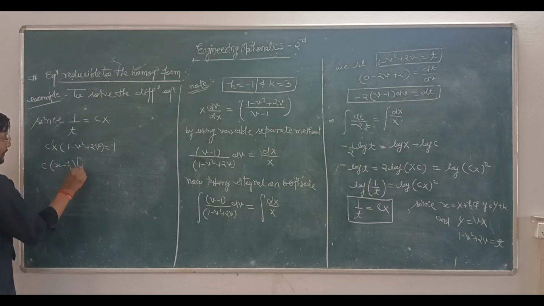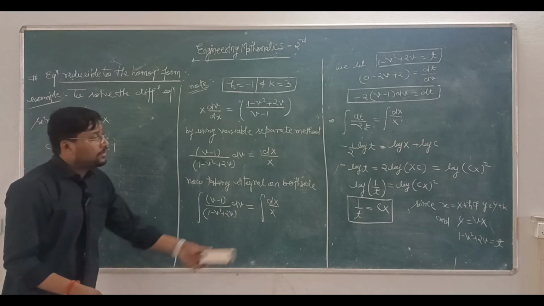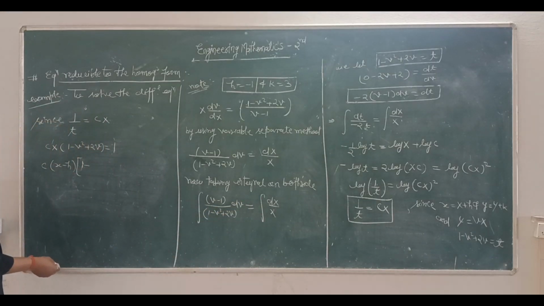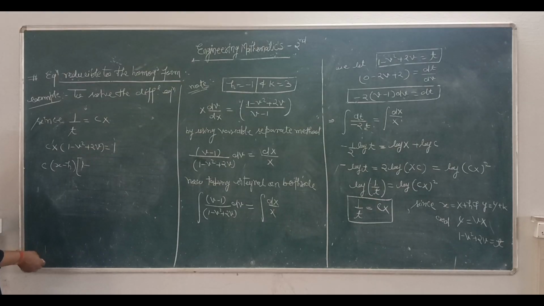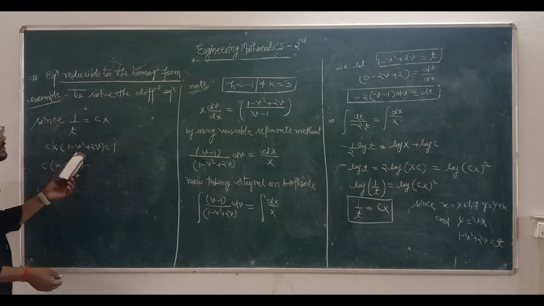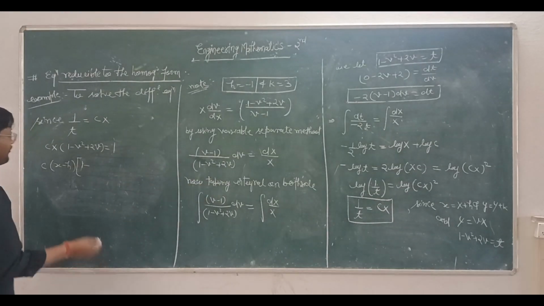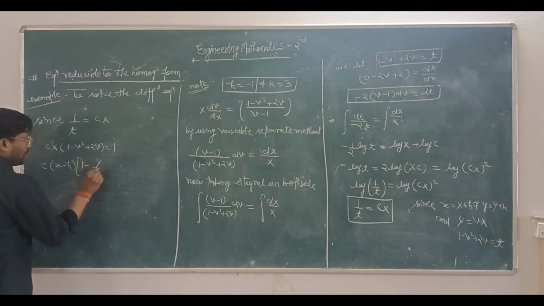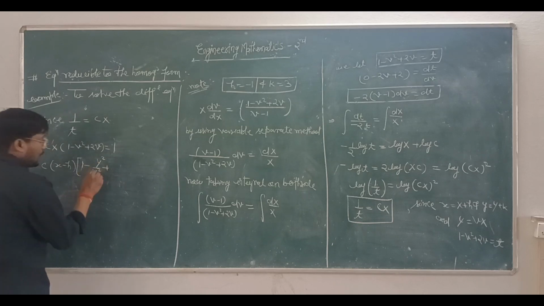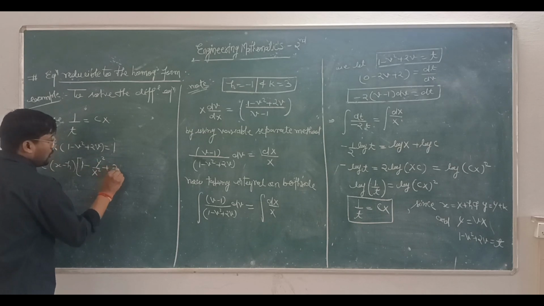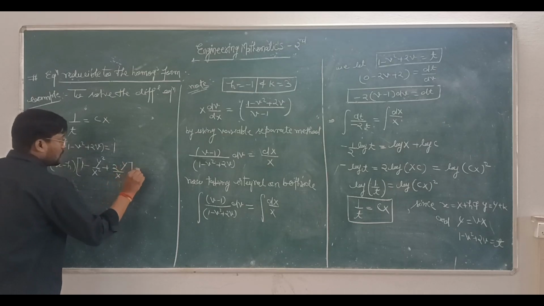Now you can write the value of v is equal to capital Y upon capital X, so 1 minus capital Y square upon capital X square plus 2 capital Y upon capital X is equal to 1.